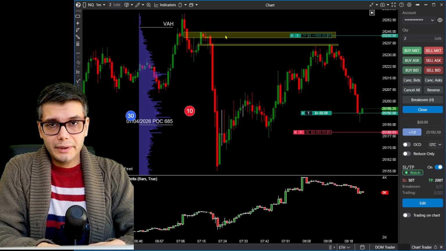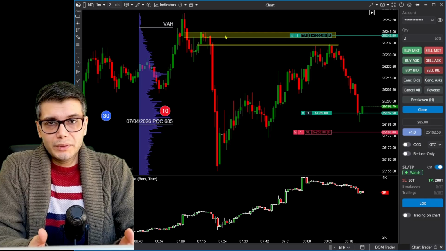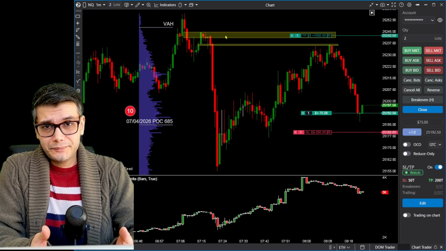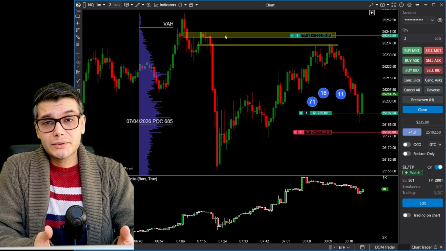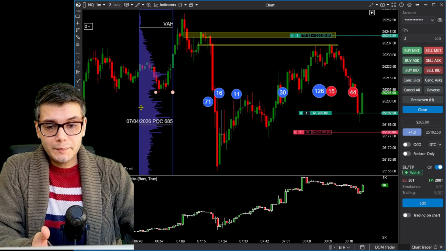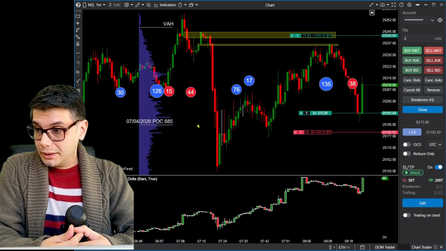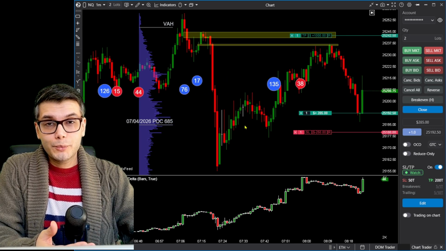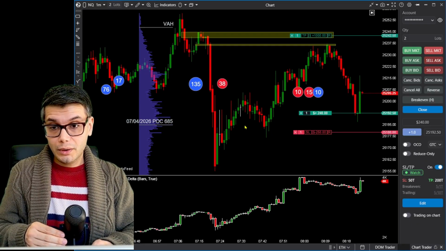It's a price range that nobody is willing to pay a higher price for, unless the Nasdaq spends a lot of time at the point of control to make this area thicker. If I see this area thicker, that means we have more buyers, more participants, and the price can potentially go a lot higher.